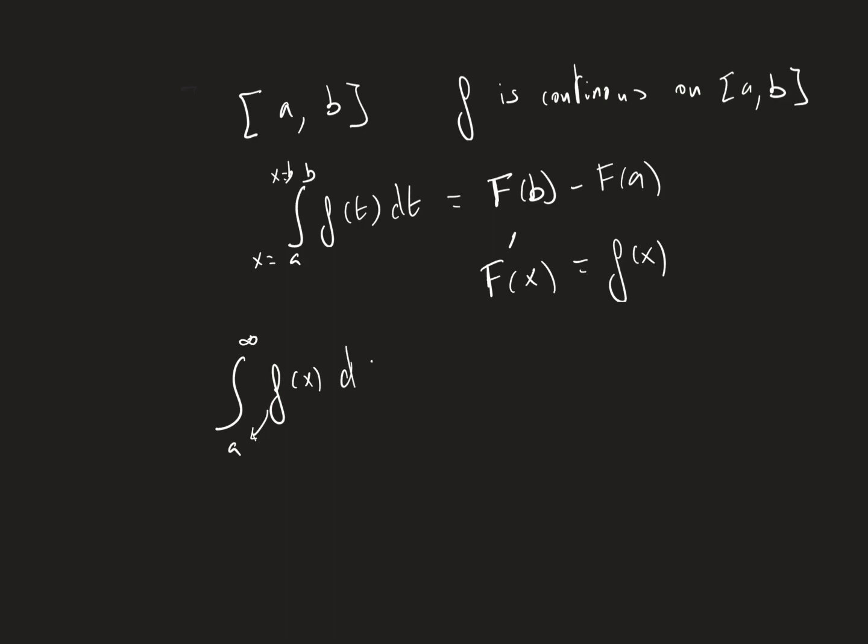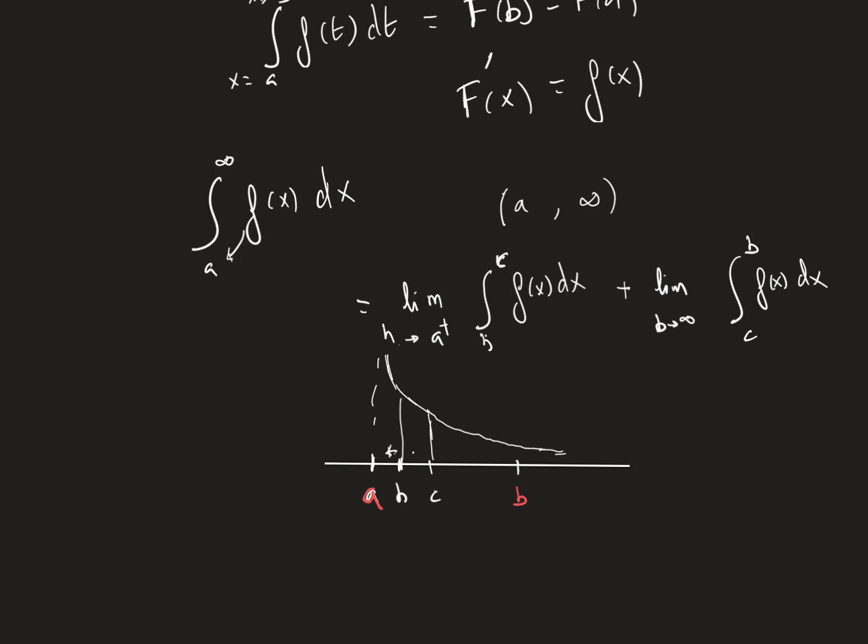So how will we do this? Well, imagine this is the interval [a, b], and the function is defined in the open interval (a, b). It's not defined at a, imagine. How will we do this integral from a to infinity?